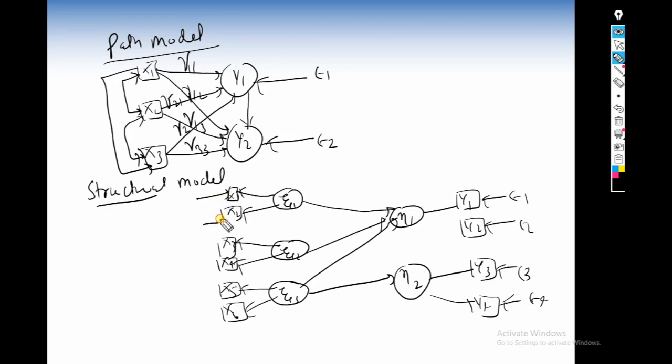Now these are the error terms, sigma 1, sigma 2, and so on, and this is the covariance. So this is my first structural model.